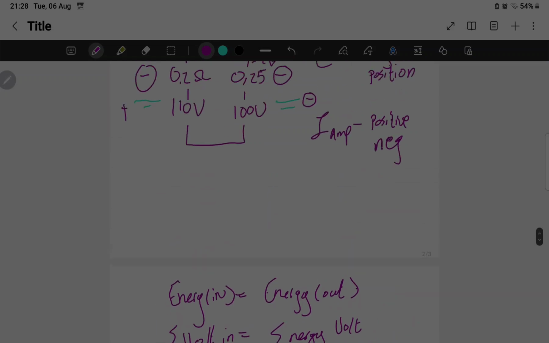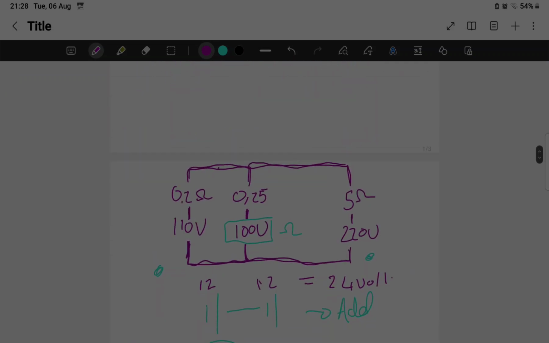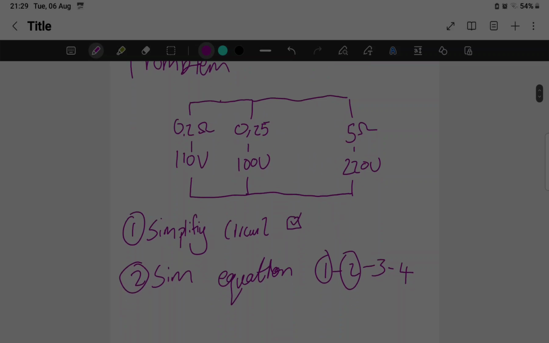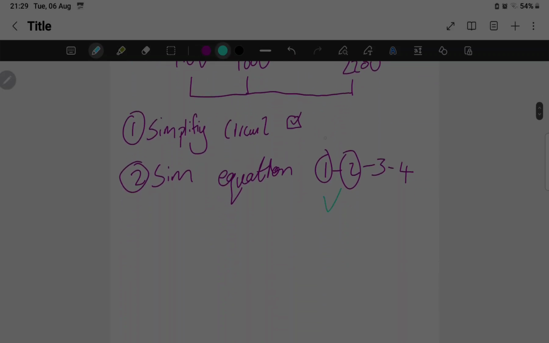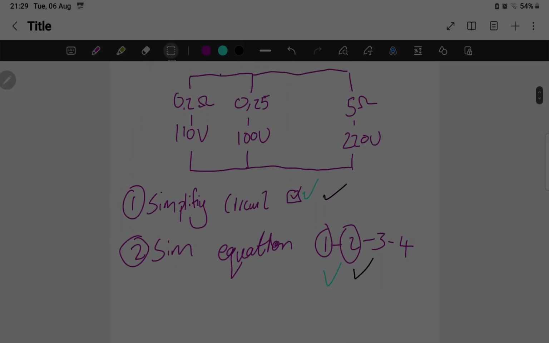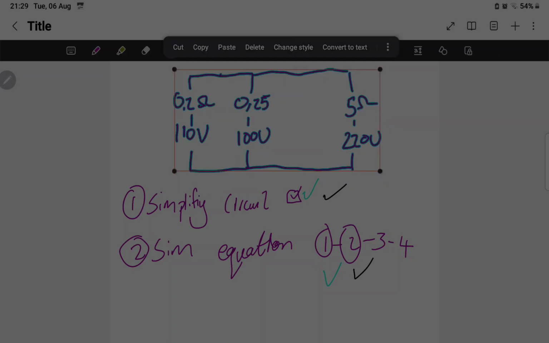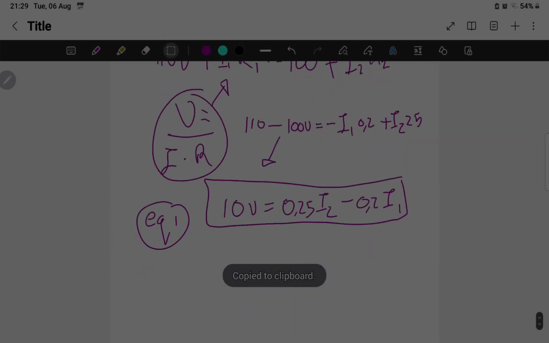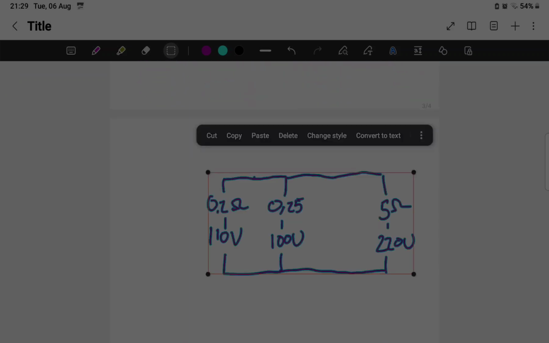So now let's do the circuit again. We have our first equation, we simplified it, so we need to simplify the circuit again and then have a second equation. So let's do that. Let's copy this so it's easier. Copy, and then new page, paste.